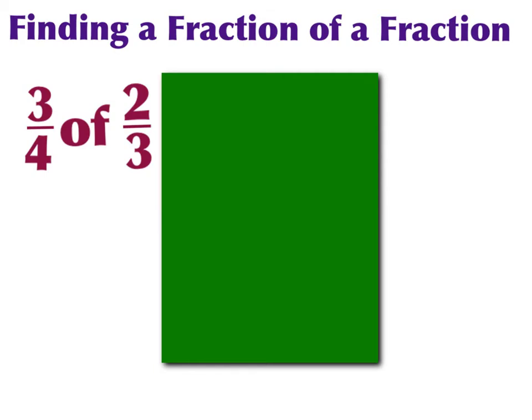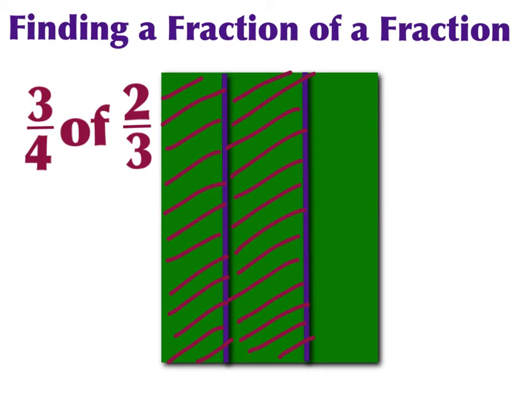As we did on the last slide, the first thing we're going to do is look at the second fraction, which is 2/3, and we are going to first divide this rectangle into thirds vertically. When we are finished, it will look like this. Next, we need to shade 2/3 of this rectangle. This is what it looks like when it's done.